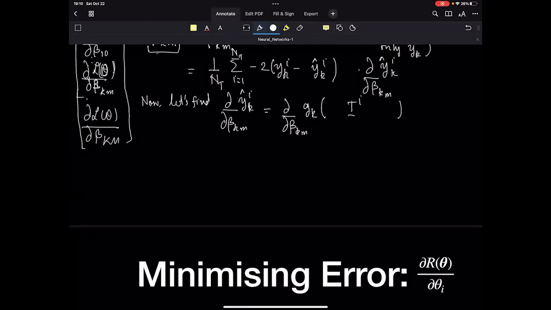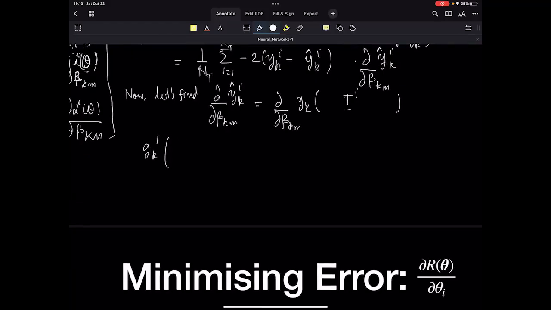So this is going to be gk prime of this times the partial derivative with respect to beta km of this term here, zi. And even in this, we know that beta km is going to occur only in one term.